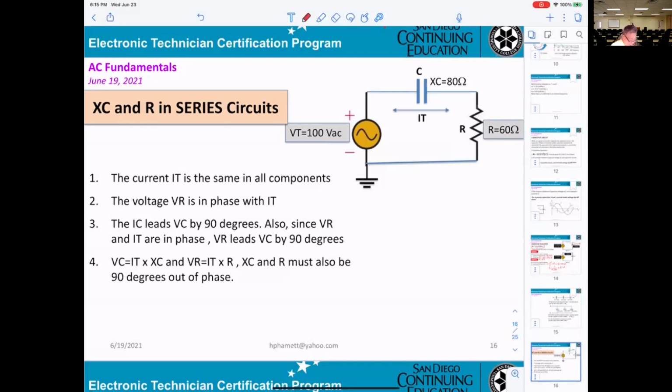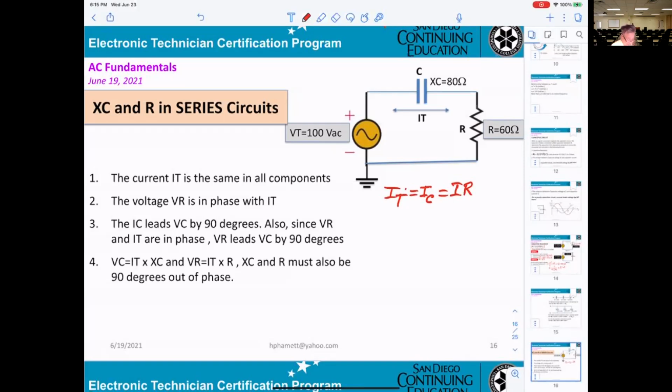That will be telling you I total equals IC equals IR. If the current goes through the capacitor, that will be IC, or the current going to the resistor, you call IR. But this is a series circuit, so you get only one current.